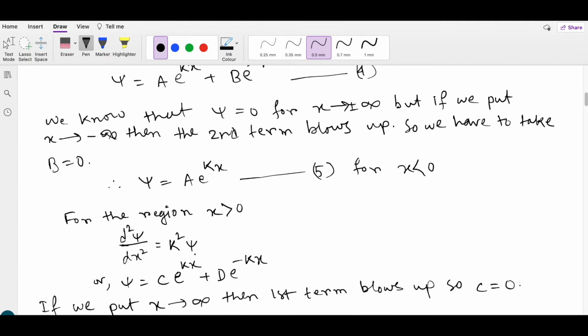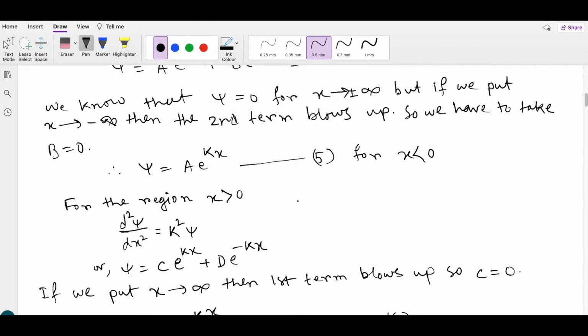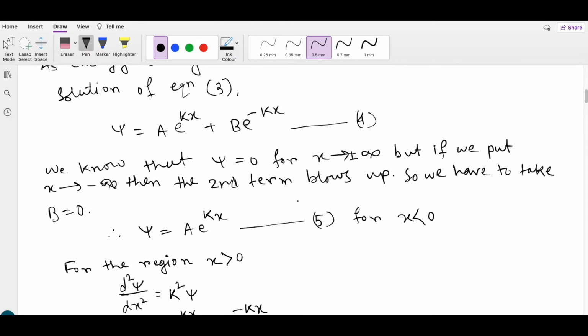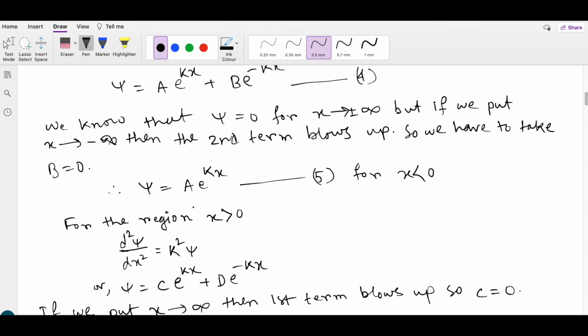We know that ψ = 0 as x tends to plus or minus infinity, but if we put minus infinity in equation 4, the second term, the B e^(-kx) term, blows up, and we cannot take that as a solution, so we put B = 0. So our solution becomes ψ = A e^(kx) for x less than 0.